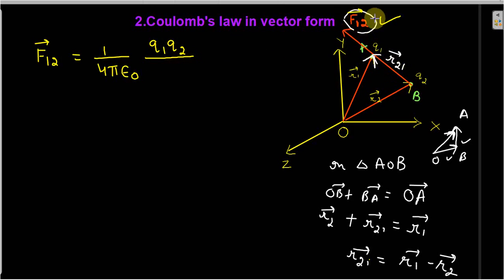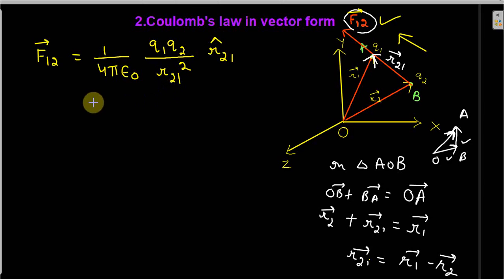We are considering this one, so you will write r21 squared. Along with it we have to mention the direction, because we are writing in the vector form. To write in the vector form we will use a unit vector. The unit vector represents the direction of the force, so we will write a unit vector here.